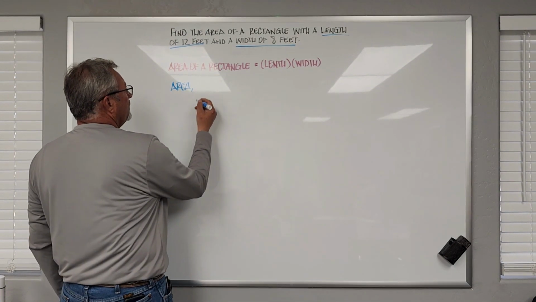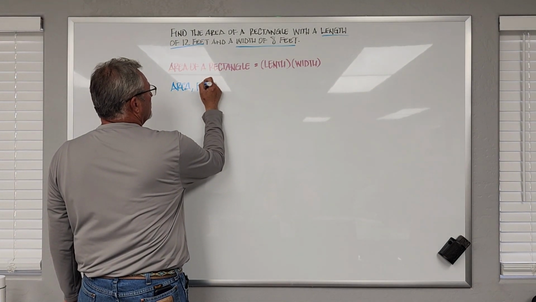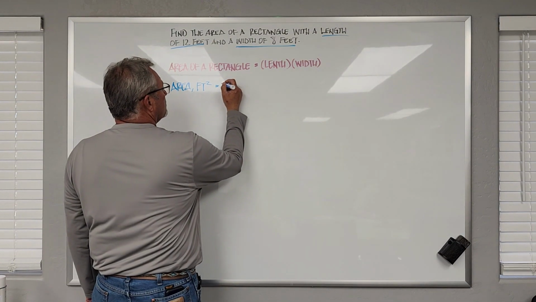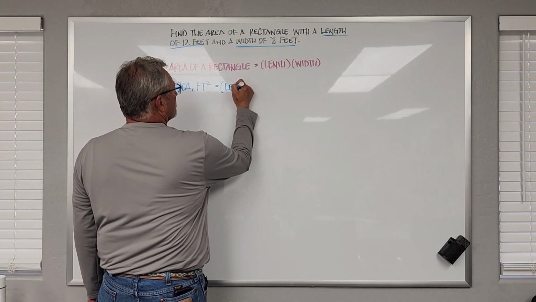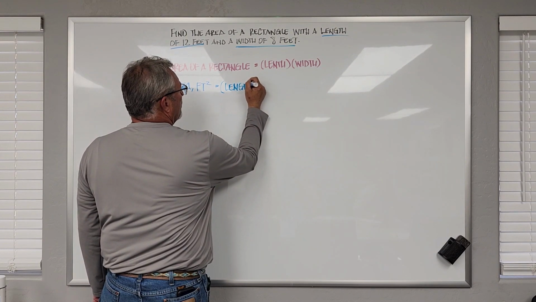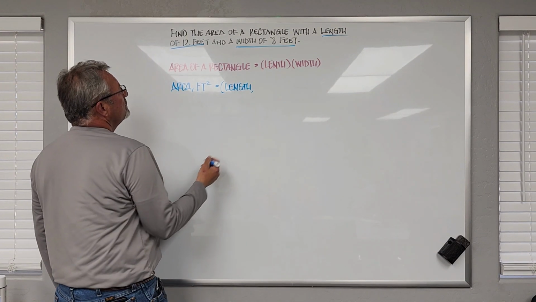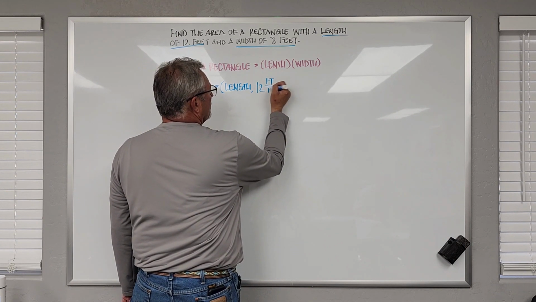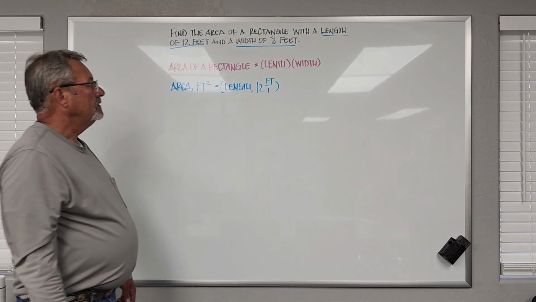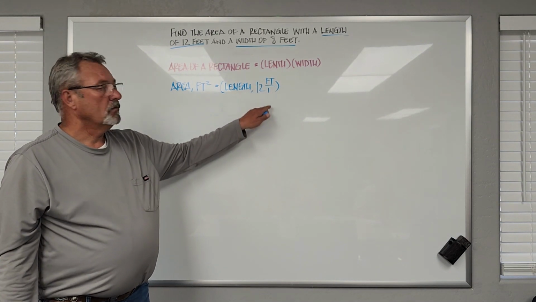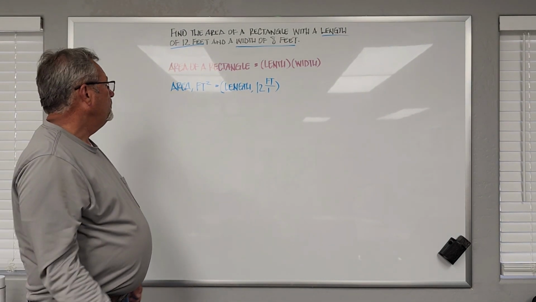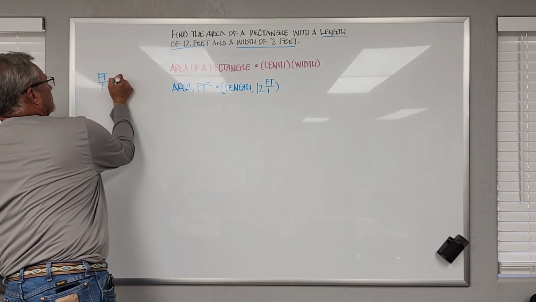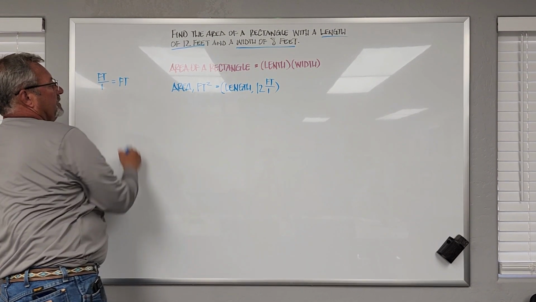So I want area, and it's going to be in square feet, equals the length, which is 12 feet. Now, the unit of measure, I write it just like this, 12 feet over 1. When you write down feet over 1, it's the same thing as writing feet.